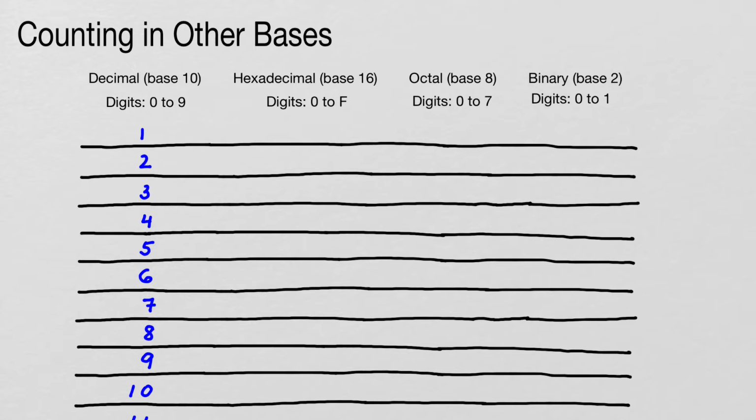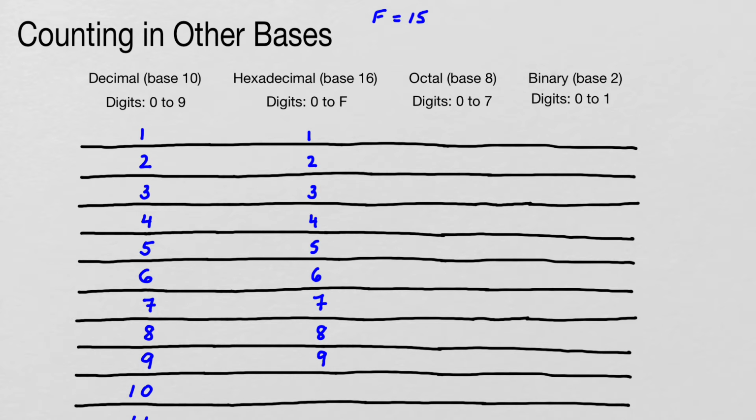In the hexadecimal system, this is base 16, so our digits go from 0 to F, and F represents 15. When I start counting, this is going to be very similar to the decimal system. 1, 2, 3, 4, and so on.